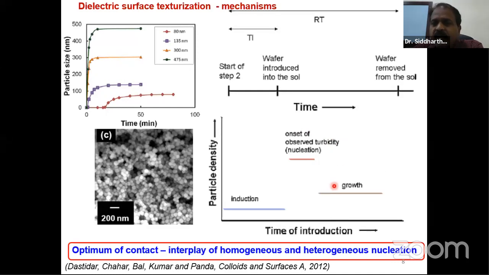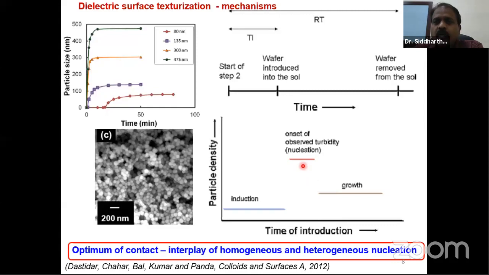We conducted experiments and found that introducing the wafer at the nucleation stage was critical to give the highest particle density. All the details are provided in this particular paper, but to say this in brief, it is because of the interplay of homogeneous and heterogeneous nucleation.